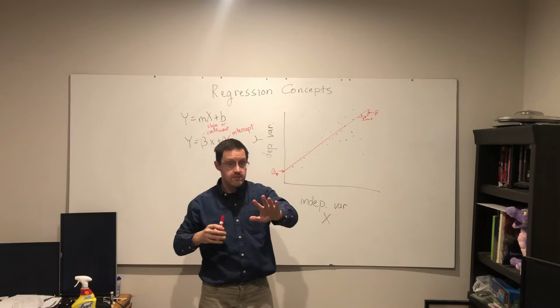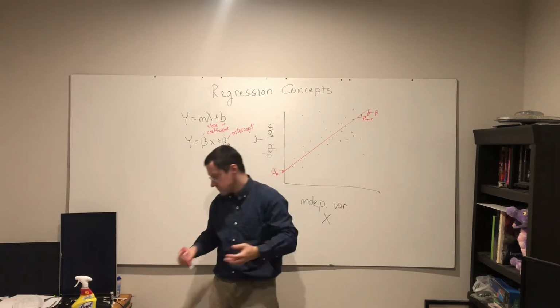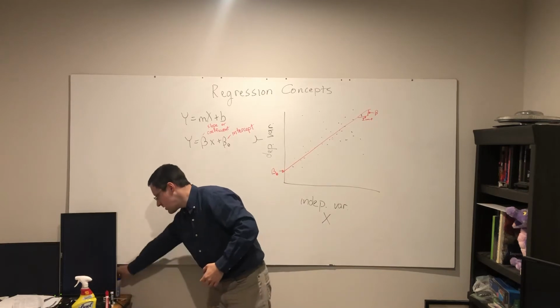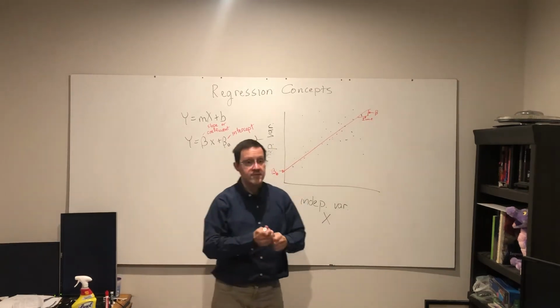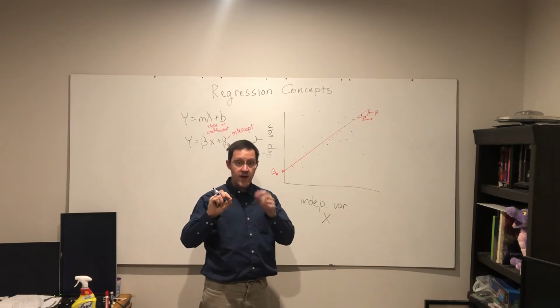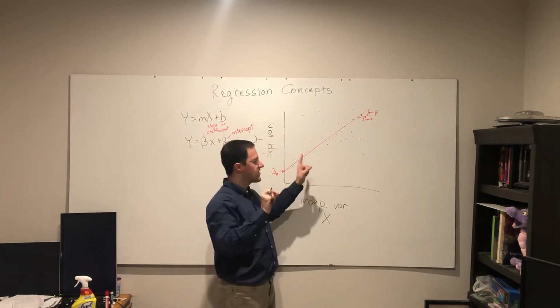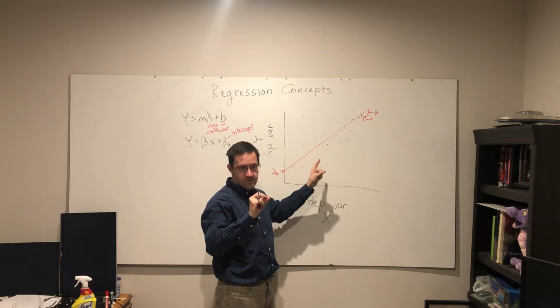As I said, this is not just any old equation. This is, it so happens, in a particular sense, the best possible line to represent the data in the scatter plot.